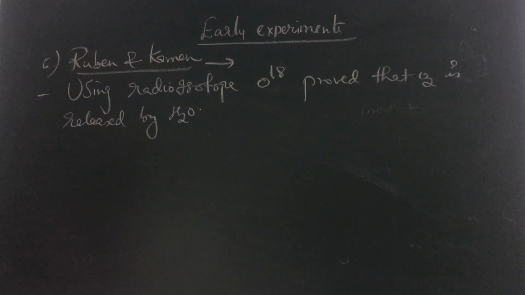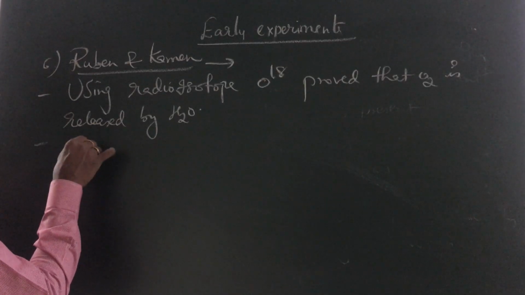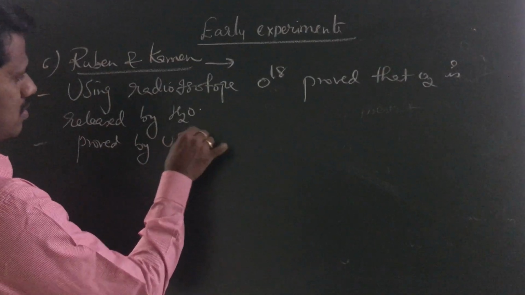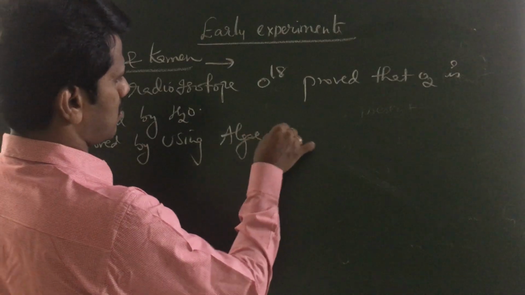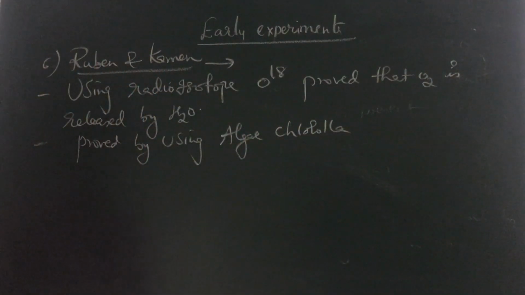Here they used the alga Chlorella, and by using it they proved that the oxygen is produced from the water.